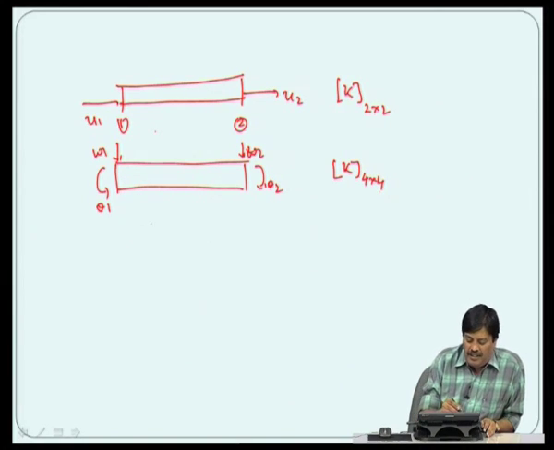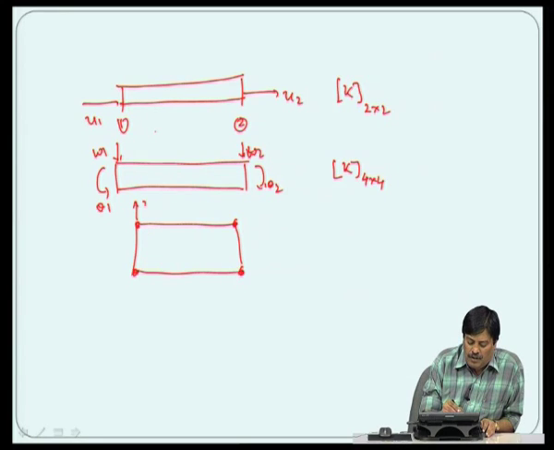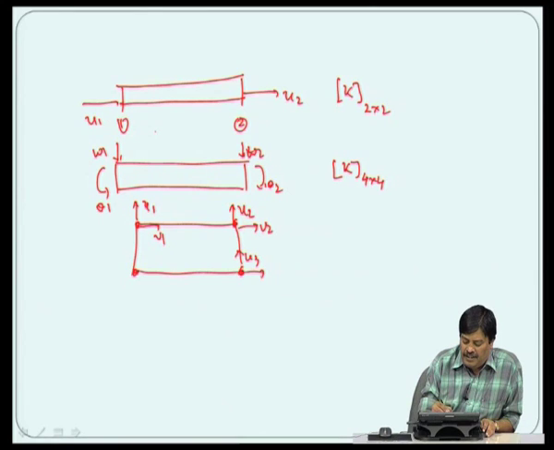The other possibility is these are all 1D elements. Suppose we have a rectangular element, then this has 4 nodes and each node can support u1 v1, then u2 v2, u3 v3 and u4 v4.